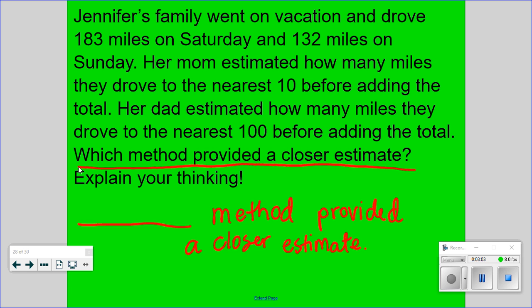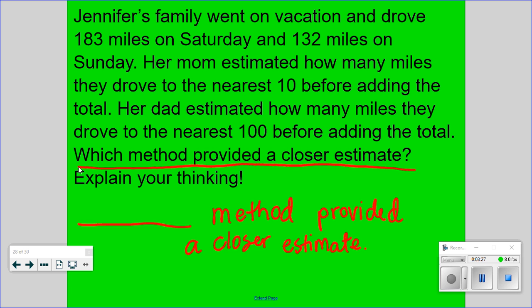What does it mean, a closer estimate? What is that talking about? If we're trying to find a closer estimate. Closer to what? Grace? Closer to what? Yeah.